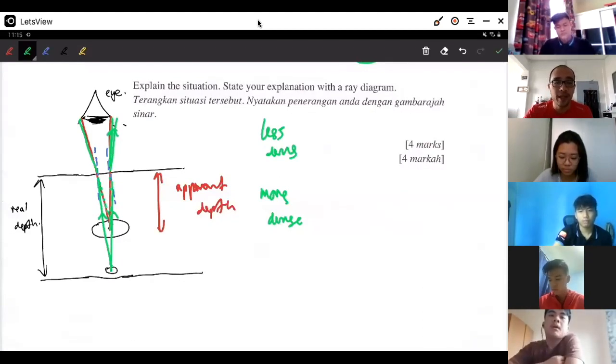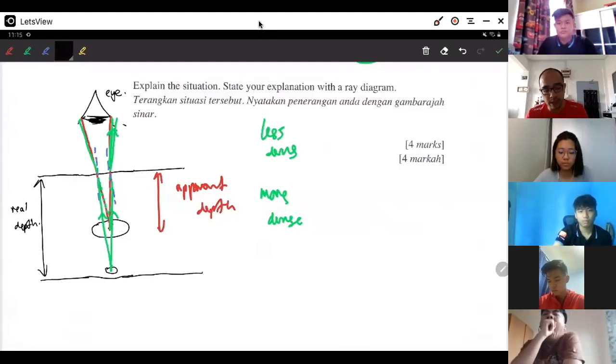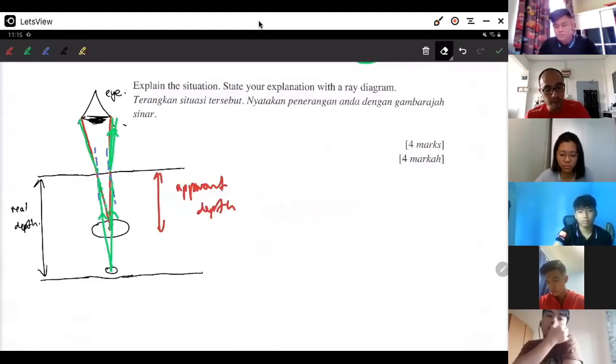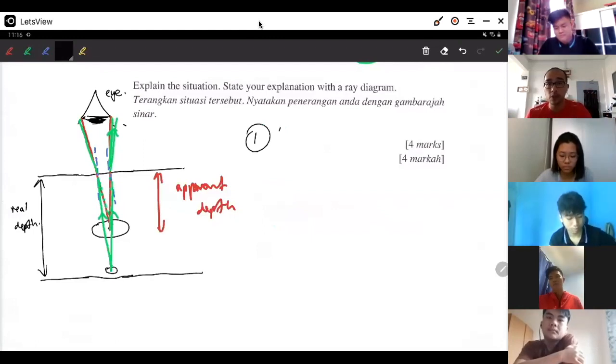Okay, so the explanation is a pretty standard one. So the first one will be to talk about the light from the turtle to the air.